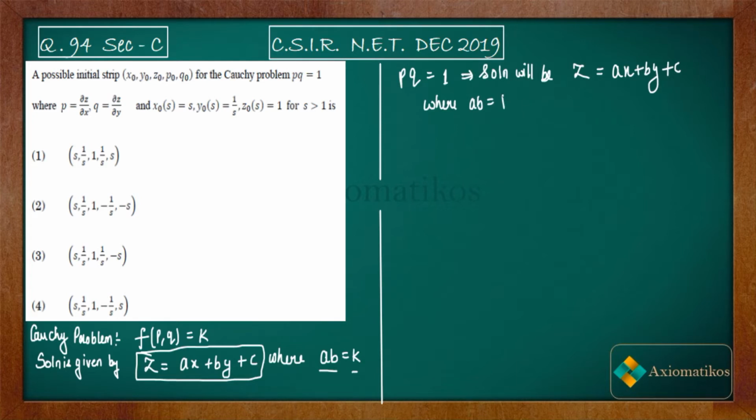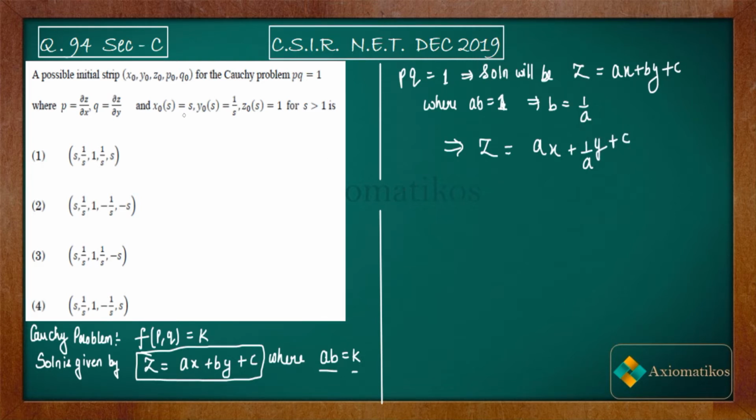Now in order to reduce the number of variables in this solution, we will find out the value of b from here. This will imply z is given by ax plus 1 by a y plus c. We can do that because we have the product as 1 and a is a non-zero number. So 1 by a y plus c, this will be your solution.